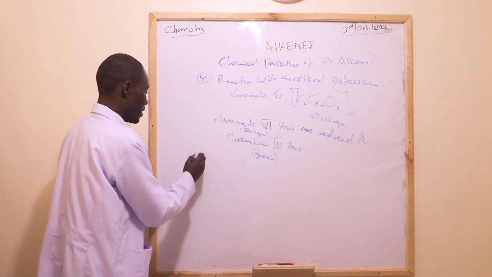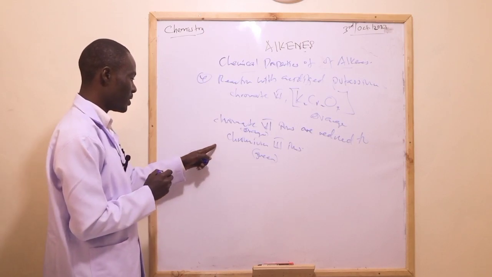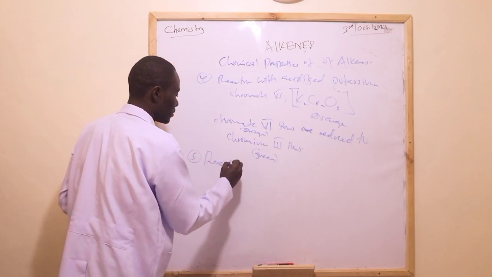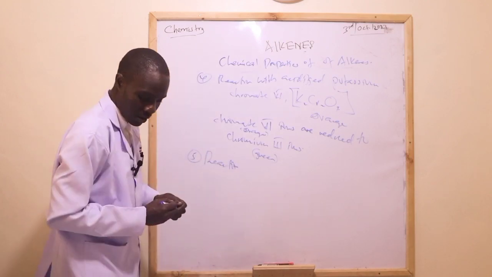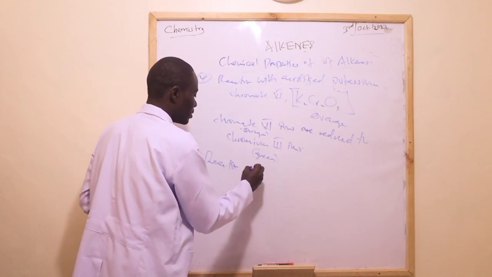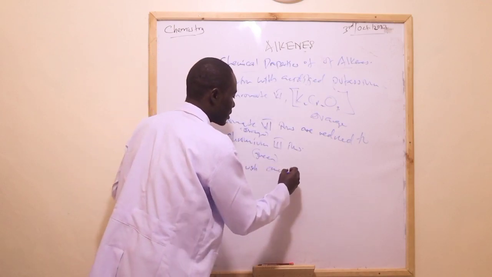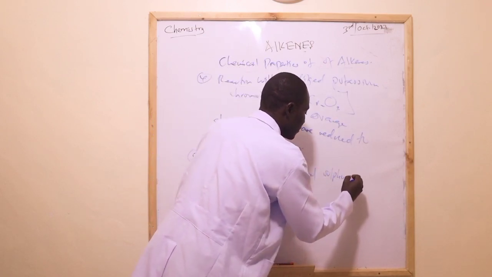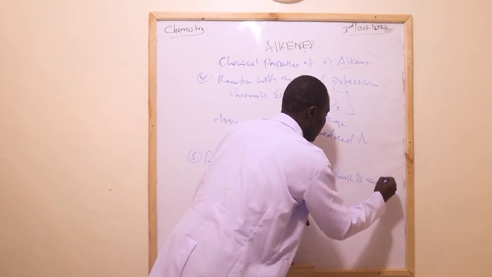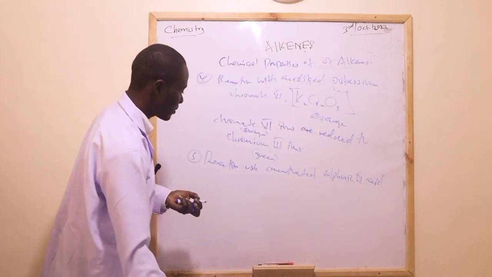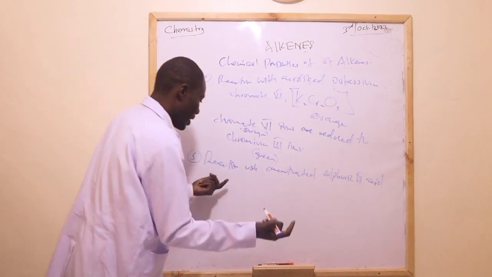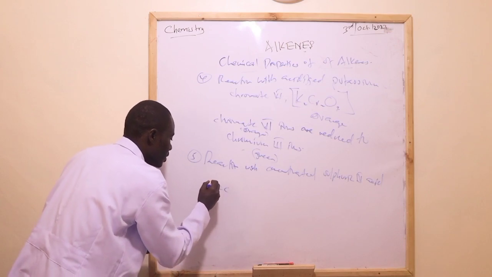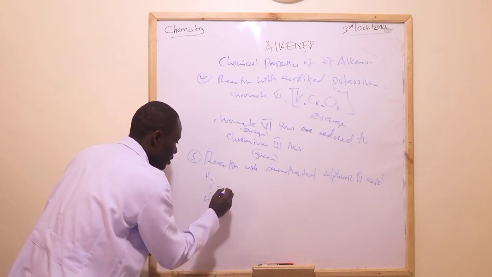So the last two, another one, we have a reaction with concentrated sulfuric 6 acid. In this, we take a member, for instance ethene, CH2=CH2, with a double bond.